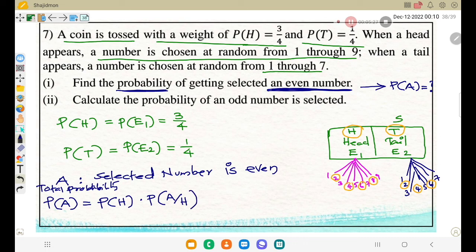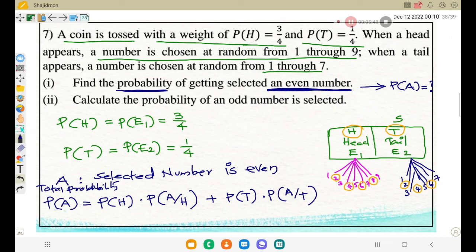Probability of getting an even number given that head has occurred. Plus probability of T, second partition, multiplied by probability of A given T, correct? This is the rule here.